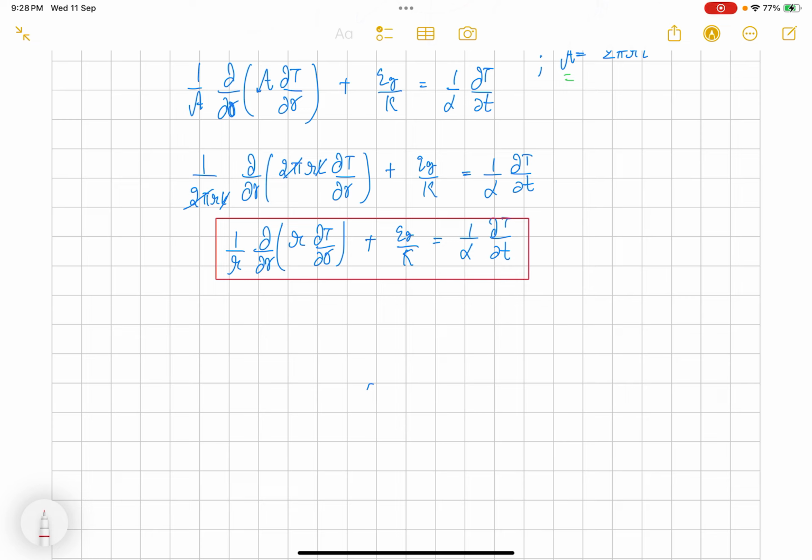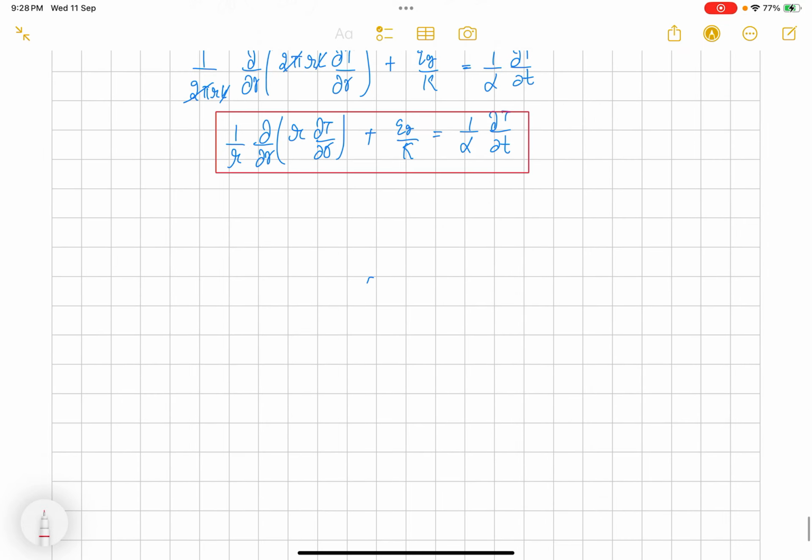Okay, and by solving this governing equation, we can find the temperature distribution along the radius if we know the boundary conditions. Okay, so next we will see the spherical coordinate system. Mind that we are all talking about only the one-dimensional case to simplify the system.